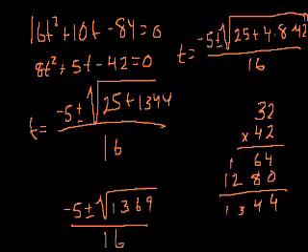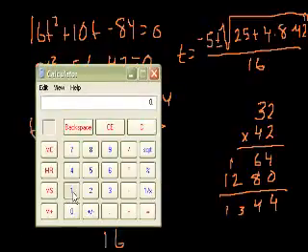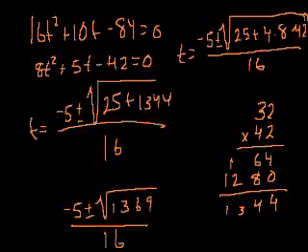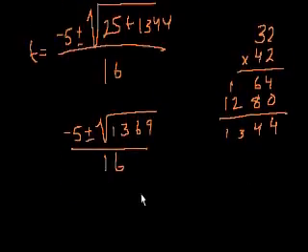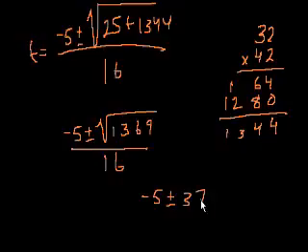Accessories, calculator. All right, 1369, square root is 37. Look at that. So it's minus 5 plus or minus 37 over 16 is equal to the time.